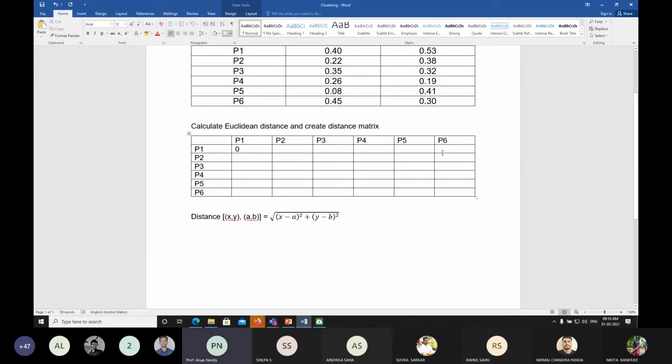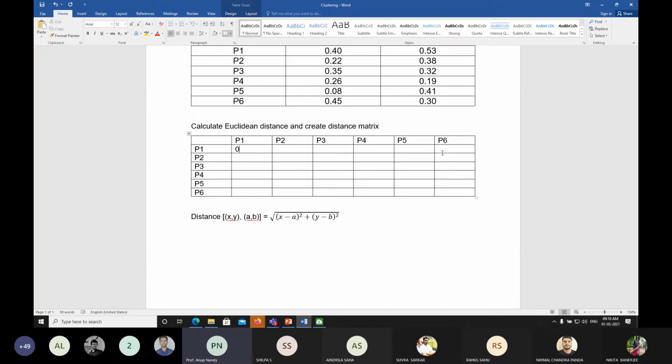Likewise p3, p2 and p2, p3 are the same. The diagonal elements will be 0, because they are p1, p1, p2, p2, p3, p3, p4, p4, p5, p5, p6, p6. One side of the diagonal is the lower part and the other side is the upper part. Both are the same data, so you can use any one of them. We will consider the lower part of the diagonal elements.